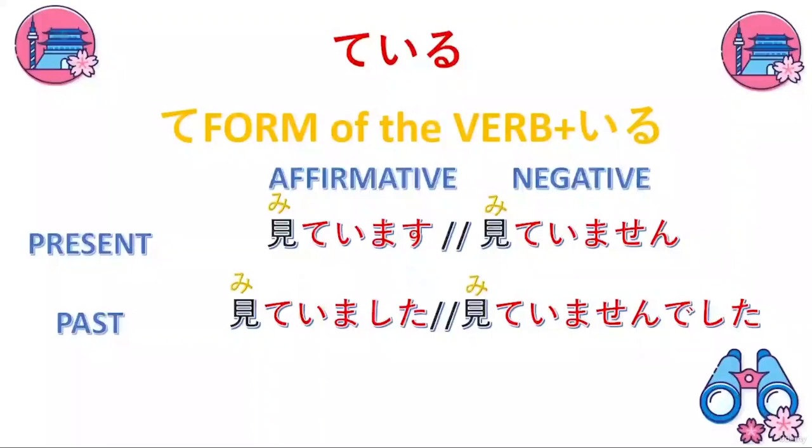Let's take a look. So we would have affirmative, negative, present, and past, okay? So affirmative present tense would be miteimasu. So remember, miru means to look, mite, te form, miteimasu. So it's present affirmative. 見ていました, past affirmative.